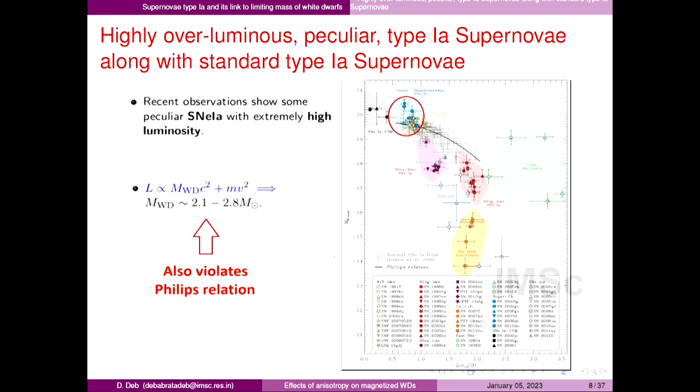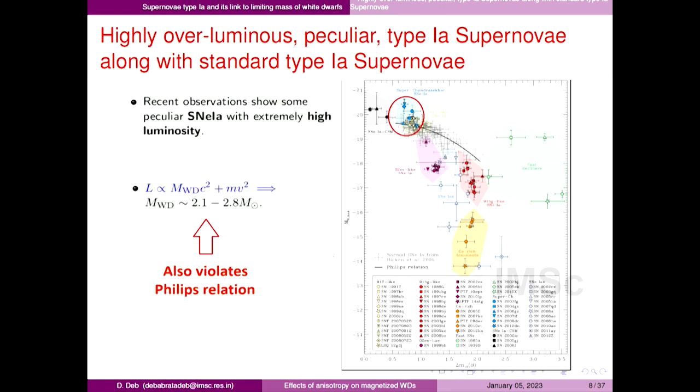The luminosity is related to the mass energy and the kinetic energy of the ejecta velocity. But it has been found that in those cases the ejecta velocity is very low, so the entire luminosity is coming from the mass energy.